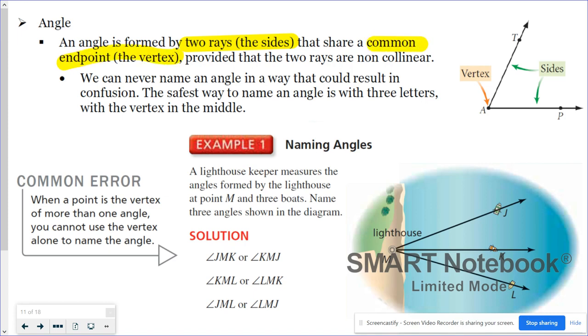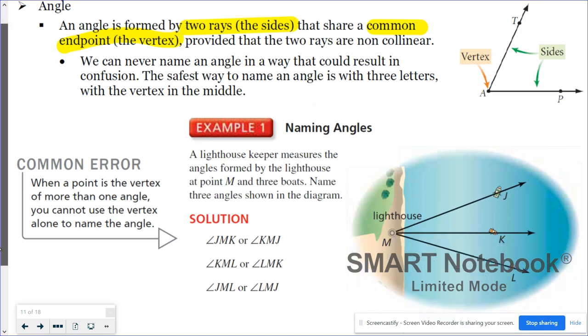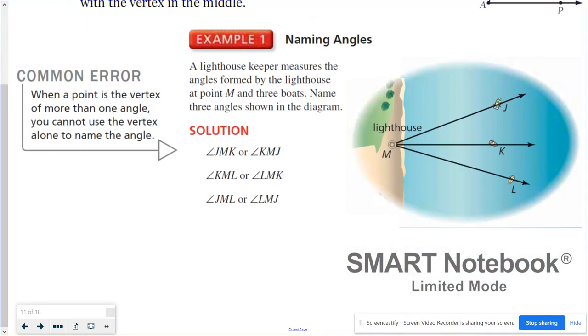We can never name an angle in a way that could result in confusion. The safest way to name an angle is with 3 letters with the vertex in the middle. And the example here kind of illustrates that, because when you look at this diagram, there are 3 different angles there.